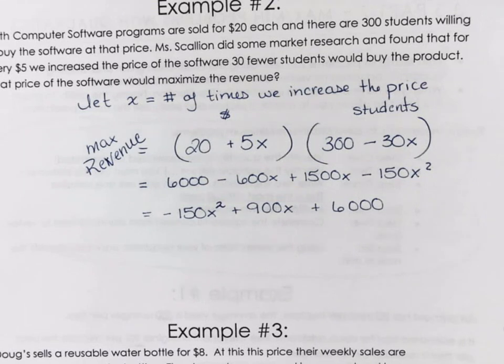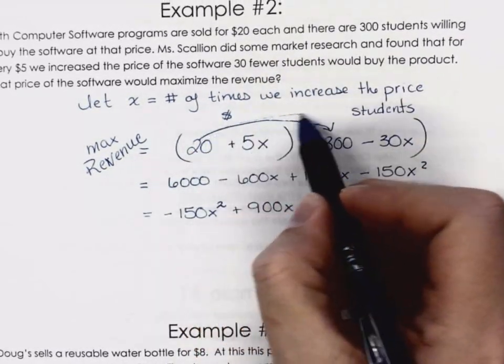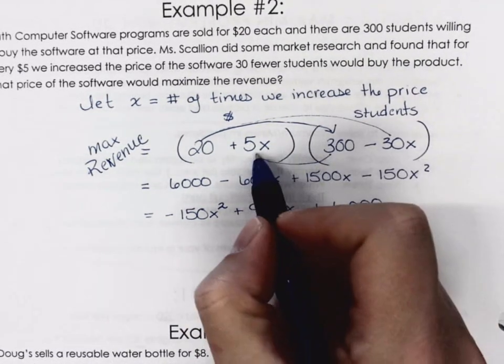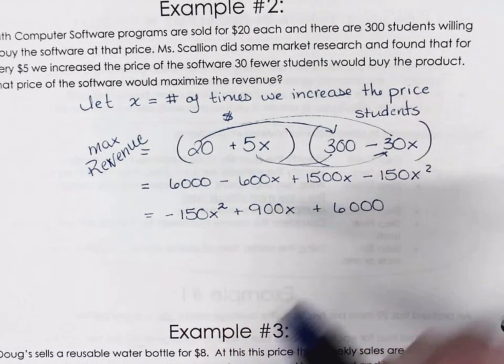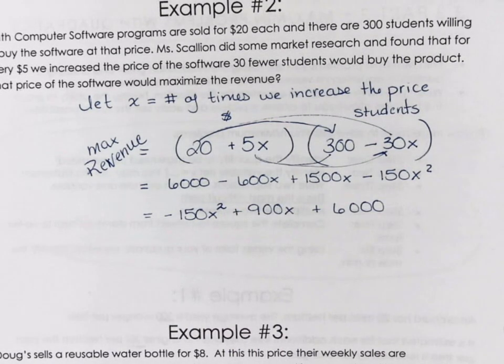Did I combine them correctly? I didn't draw my arrows. 600, 1500, 150. Oh, I just get lost when I don't have my arrows.